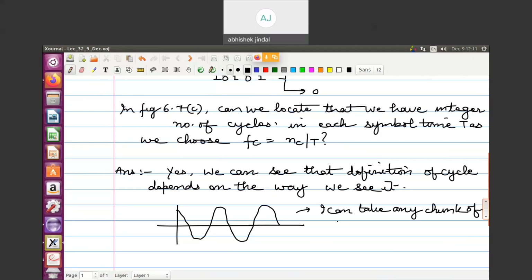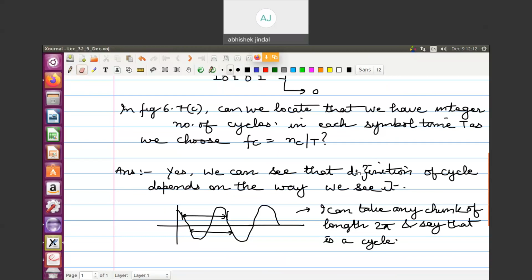If I start from here and go to this point where I terminate, this is one cycle. I can choose this as also one cycle. I can start from here, and then this is another cycle. So there are several possible ways to define a cycle. We just have to take a chunk of length 2 pi, and that is what is happening in the figure.